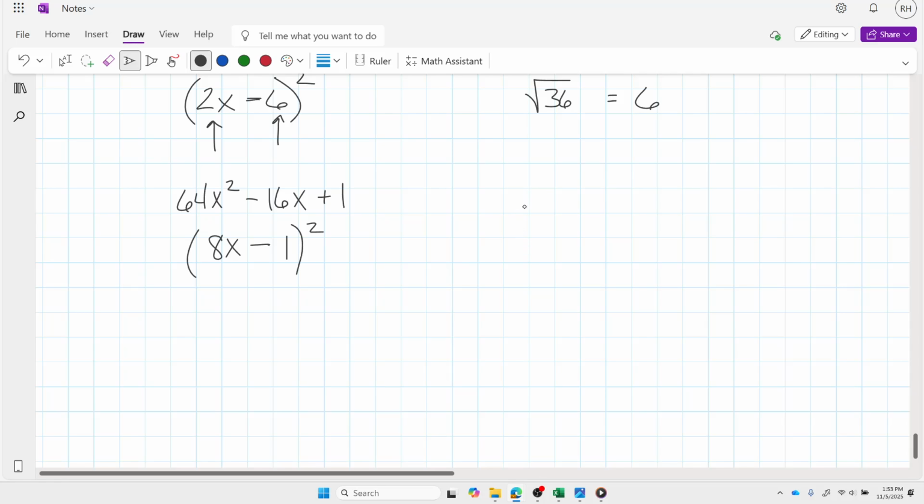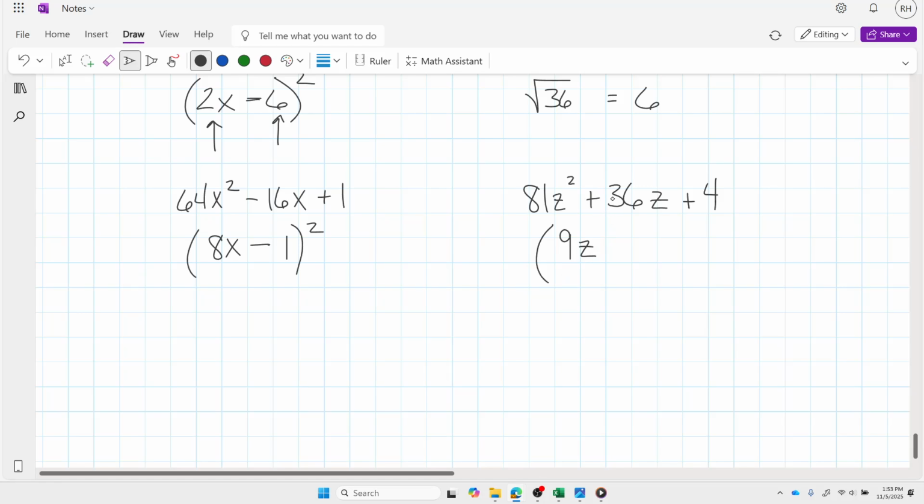If you get something like 81z squared plus 36z plus 4, same rule. Square root of the first term, what's the square root of 81z squared? 9z.